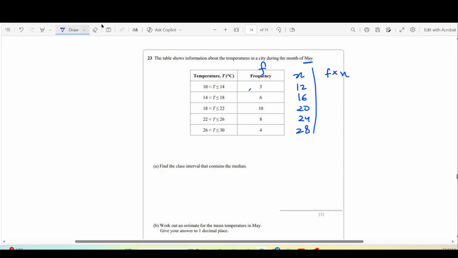Now multiply these two, f and x. 12 times 3 is 36, then we have 96, then we have 200, 192, and then we multiply these two, we get 112. Now we find the total. We know this is 31. The total of fx, if you add all these values, you get 636.